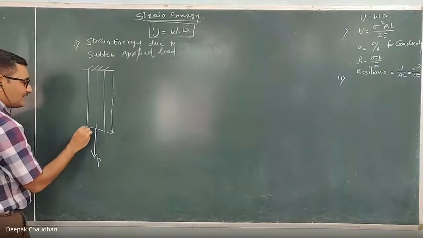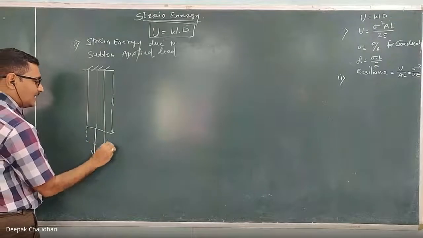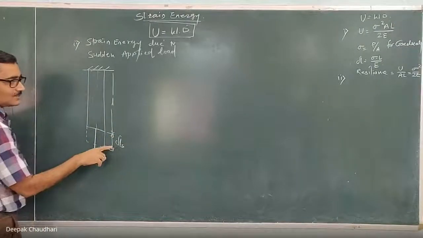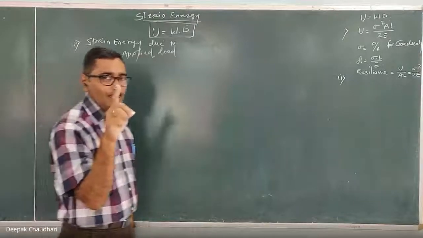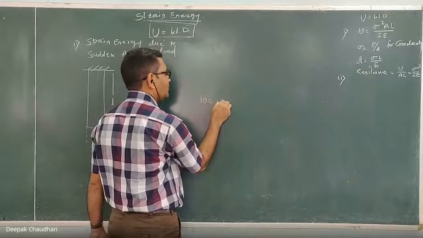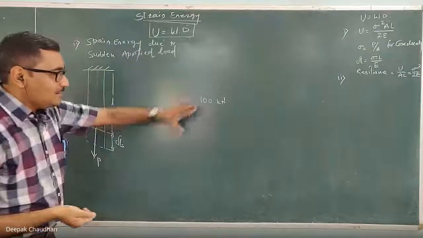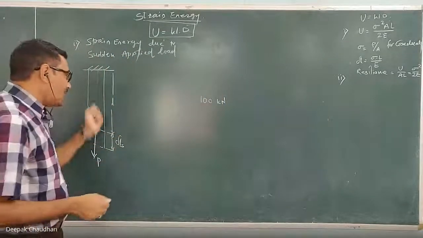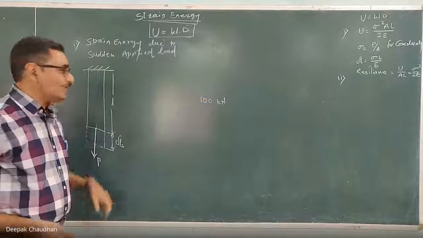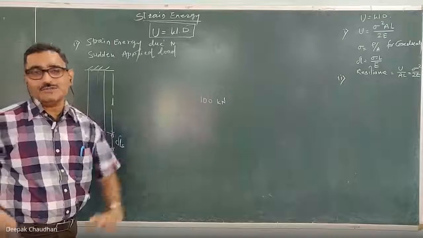Because of this sudden applied load, let the deformation of the material be delta L suffix S. Suppose I apply a load of 100 kilonewton. If I apply it gradually, the deformation will be different, whereas if I apply the 100 kilonewton load suddenly, the deformation will be different.